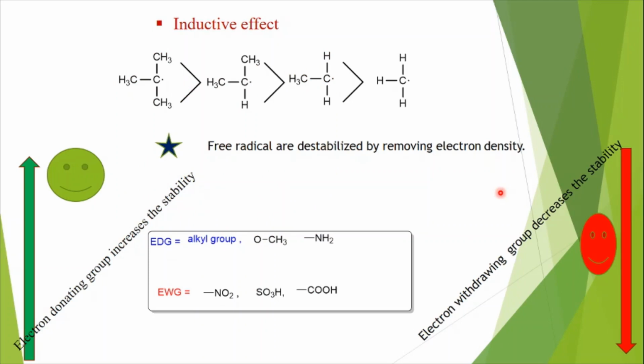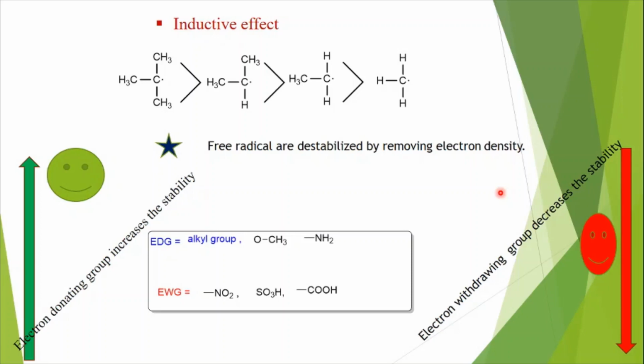The greater the number of alkyl groups attached to the free radical carbon center, the more stable the radical. This is due to the electron donating inductive effect of alkyl groups, which decreases the electron deficiency of the radical.